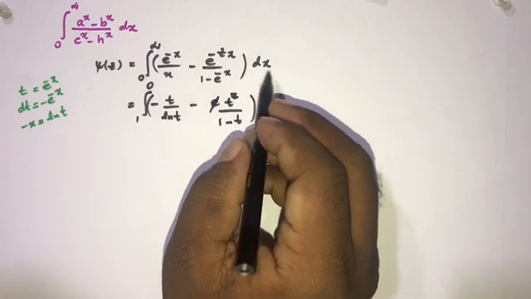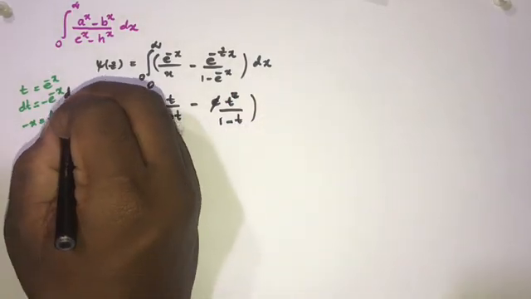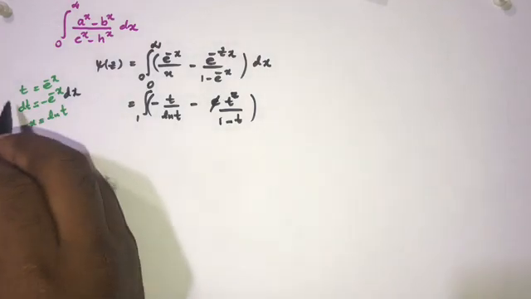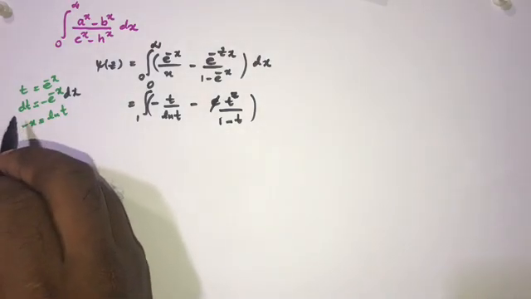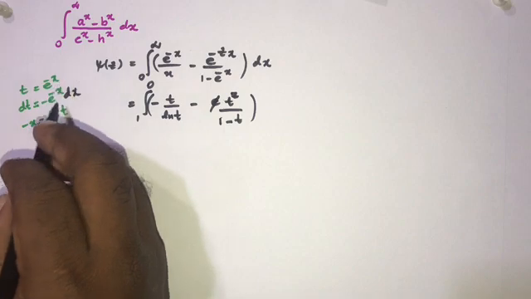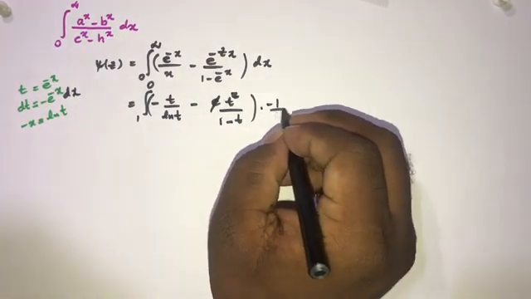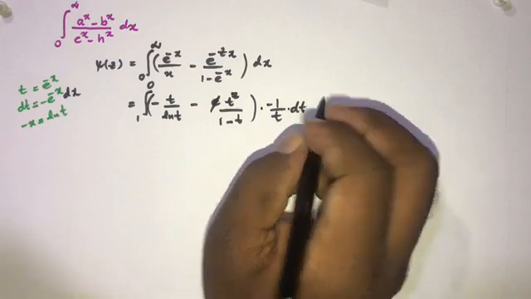And dx is equal to 1 over minus e to the minus x dt, and e to the minus x is t, so we can write minus 1 over t dt.